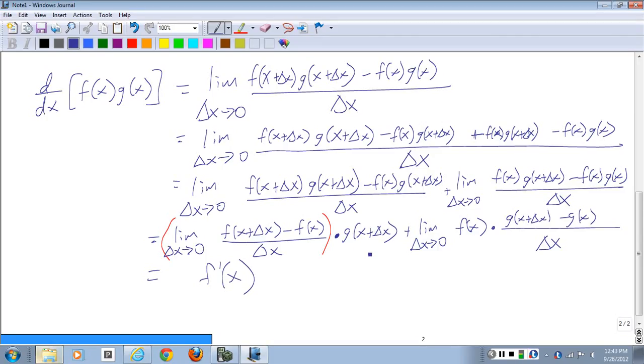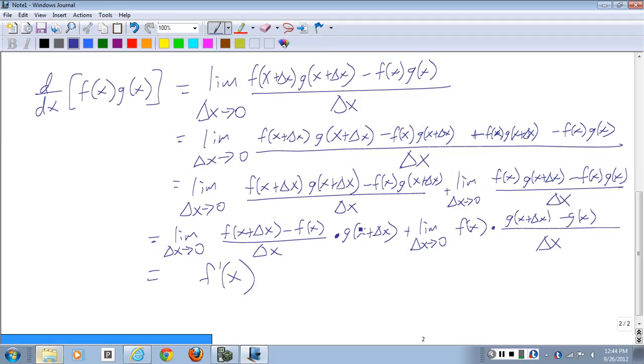Now, this limit, to save a little bit of space and definitely to save some time, because this gets wearisome really fast. It's been wearisome for a while. The limit of a product equals a product of the limits. So as delta x approaches 0, because g is continuous, how do I know g is continuous? I know g is continuous because g is differentiable.